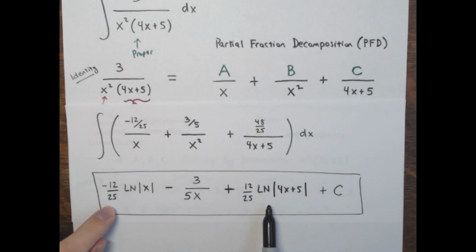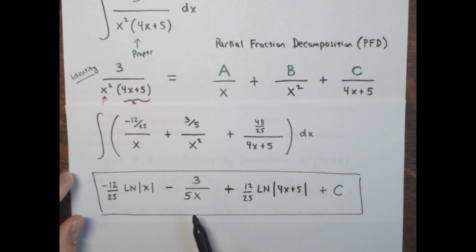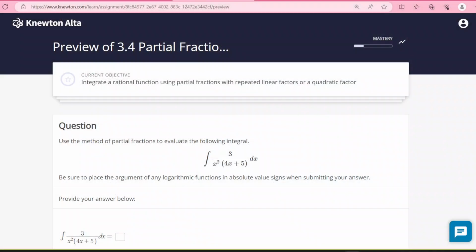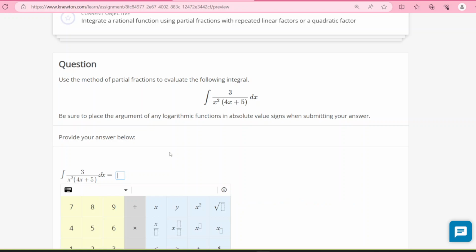Now you could put these logs together, factor out the 12/25, and then take that log. We could combine logs, do a log of a quotient, but I'm just going to type this. All right.